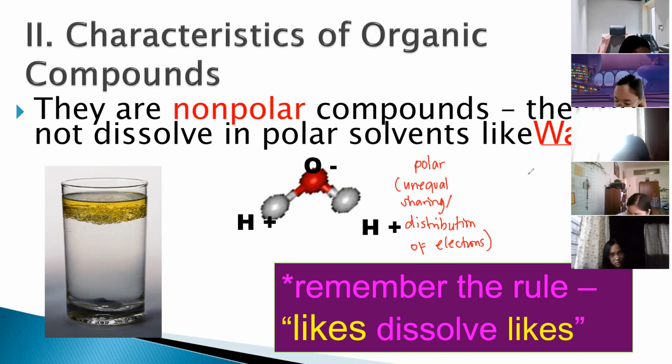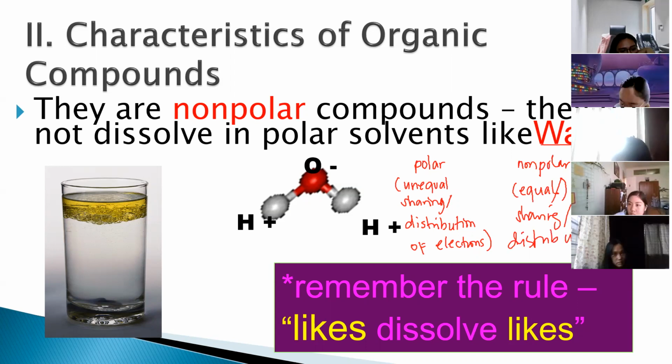It does not transfer, unlike ionic bonding. Instead, they share electrons. But the sharing for polar substances is unequal, just like in water. Not just the sharing, but the distribution. Now, for non-polar substances, there is equal sharing or distribution of the electrons. That's the difference between a polar and a non-polar substance.